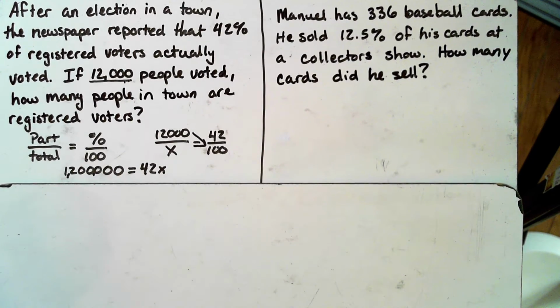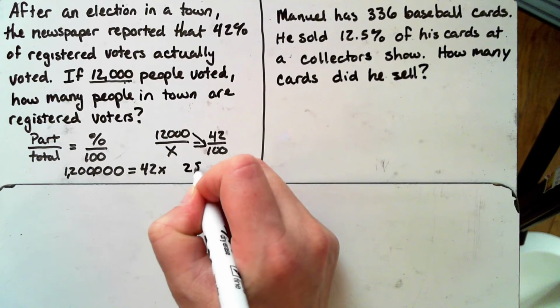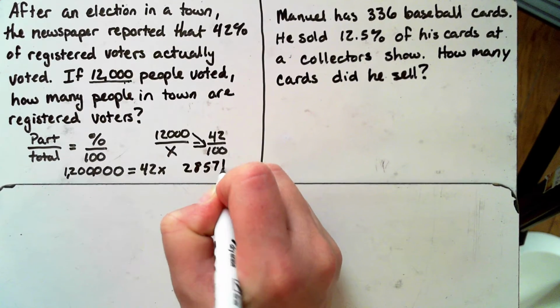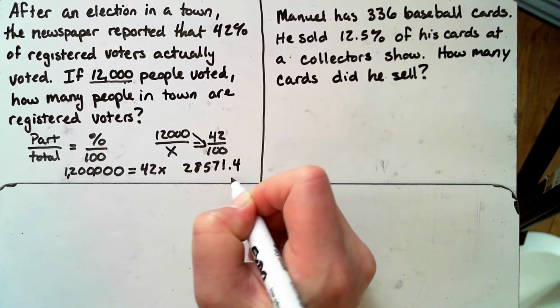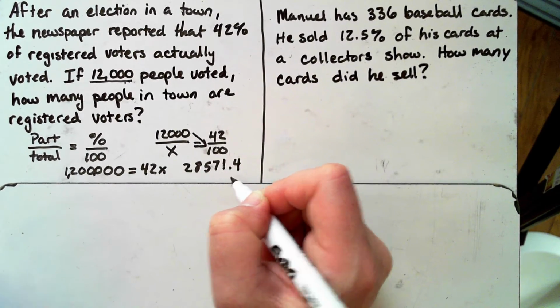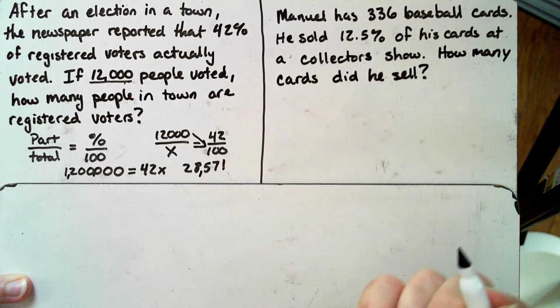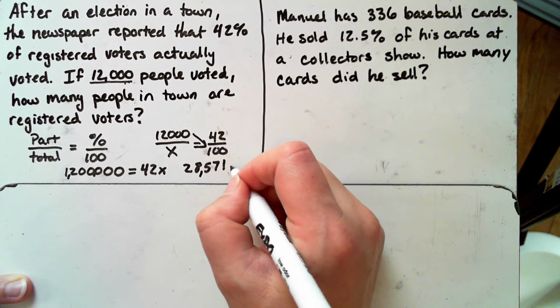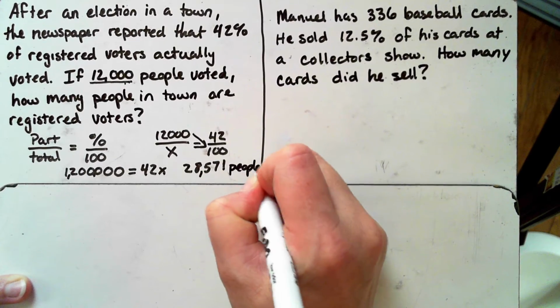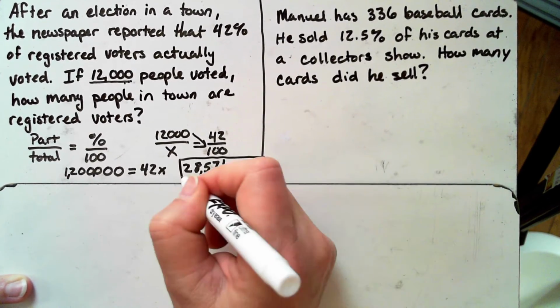According to my calculator, that divides to get x equals 28571.4. Now, we should round to the nearest whole person. We don't want 0.4 of a person, so it's approximately 28,571 people are registered to vote. And that's my final answer for this one.